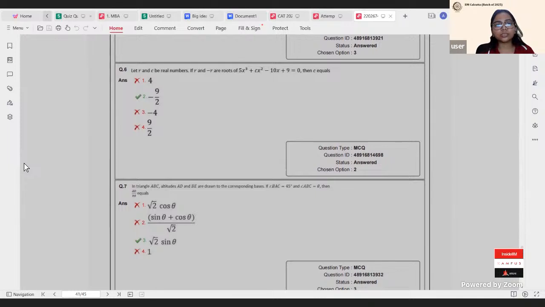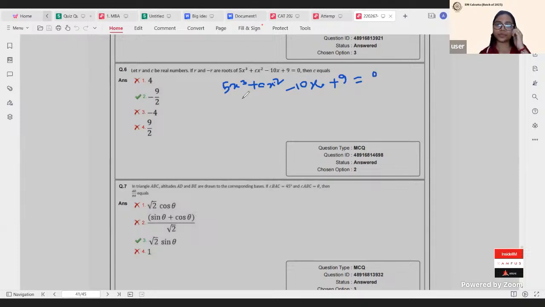So the next question is regarding quadratic equation. So 5x cube plus cx squared minus 10x plus 9, right? I'll speed up a bit because I'm just on question number 6. So here what we can do is put the values of r and minus r instead of x and solve for r.